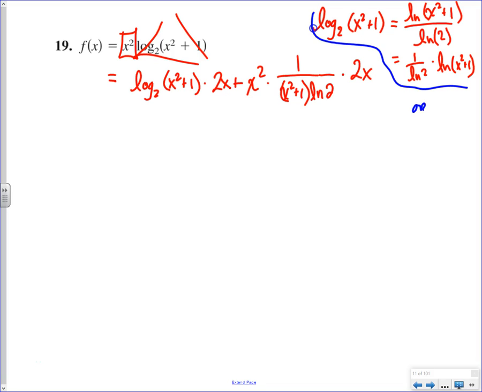The other way was to use the formula d dx of log base b of u is 1 over u ln of b, and then your u prime. This is the rule that we used when we had log base 2 of u.